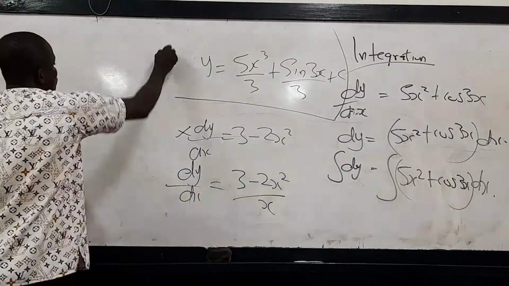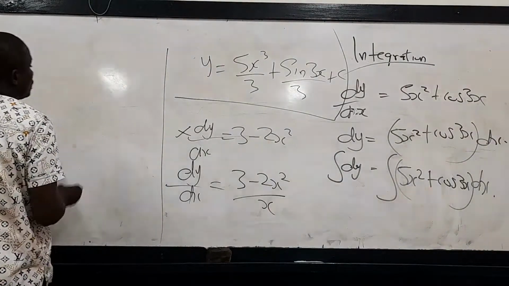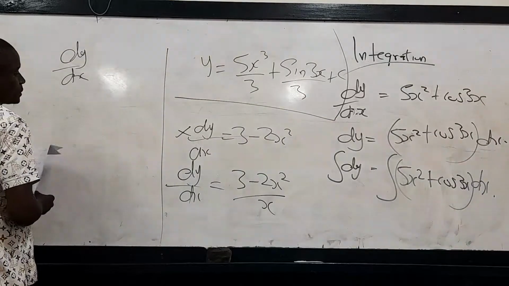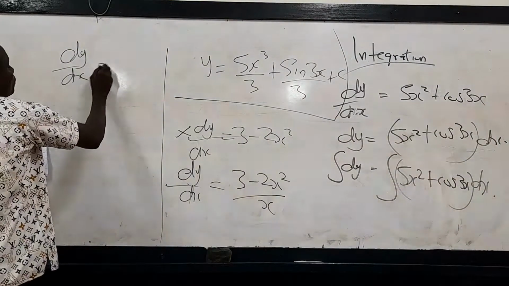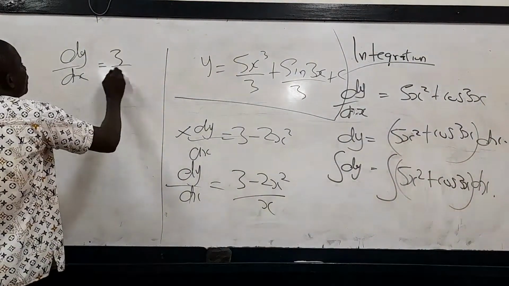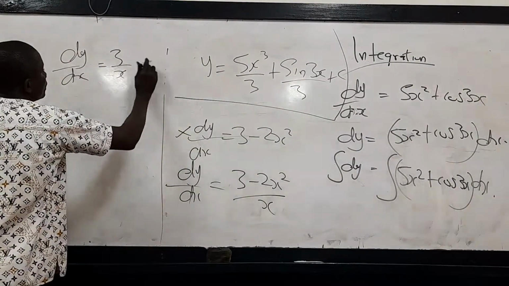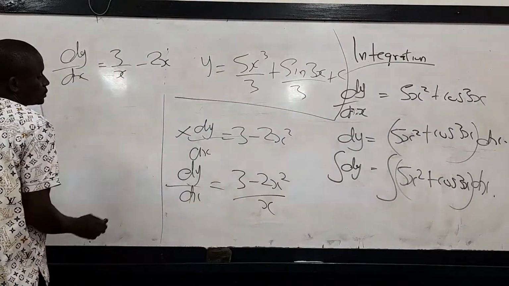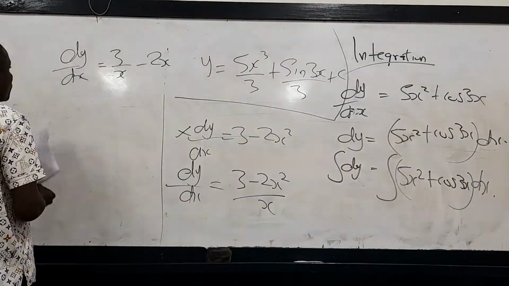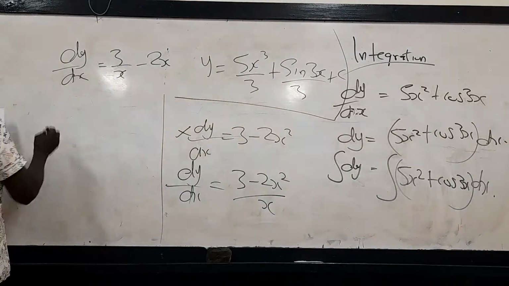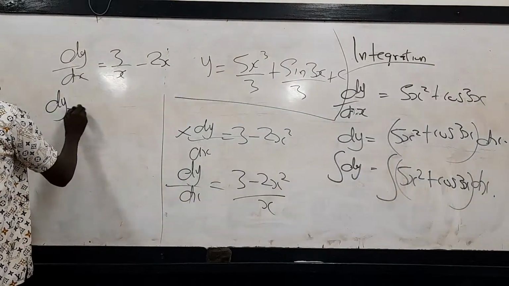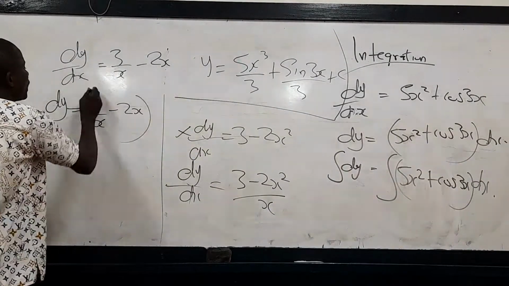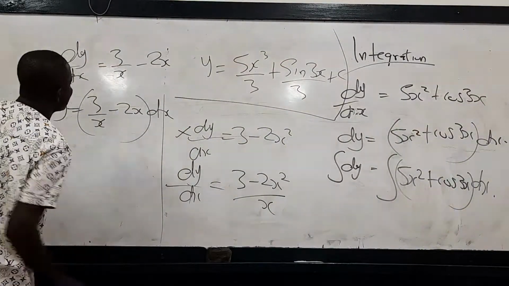So dy/dx is equal to 3 over x minus 2x. So I'll just have dy is equal to 3 over x minus 2x dx.